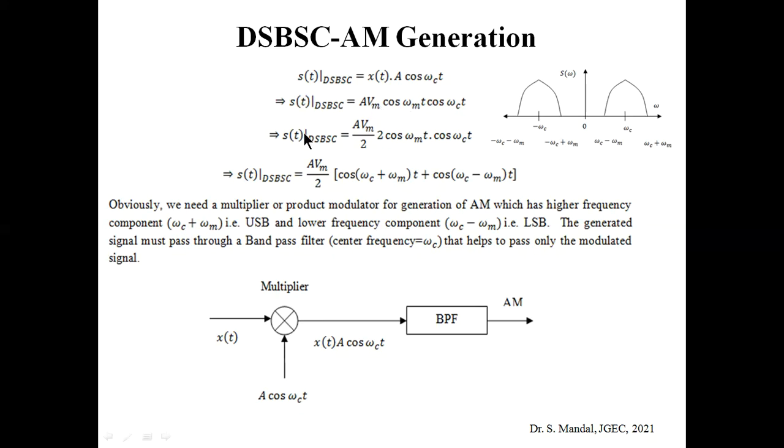So we can write s(t) equal to A Vm by 2 into 2 cos omega_m t into cos omega_c t. Now we can express this in terms of omega_c plus omega_m and omega_c minus omega_m.